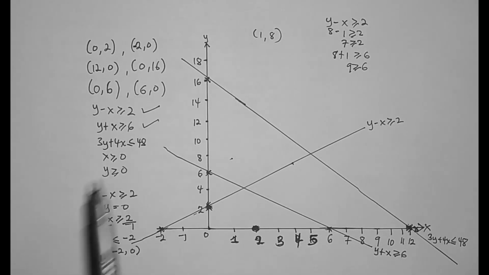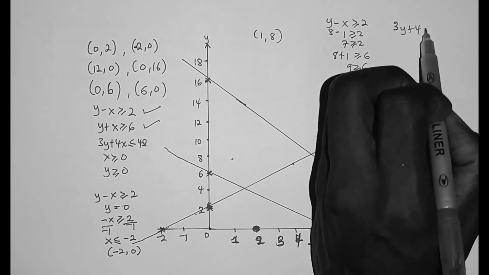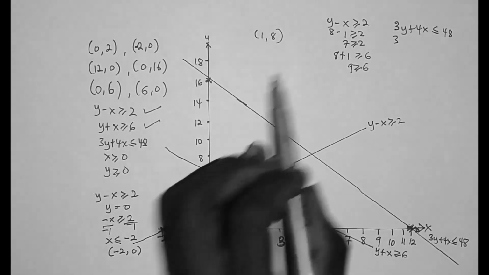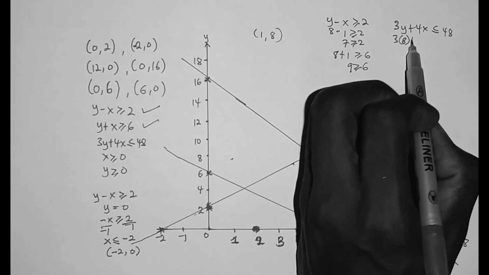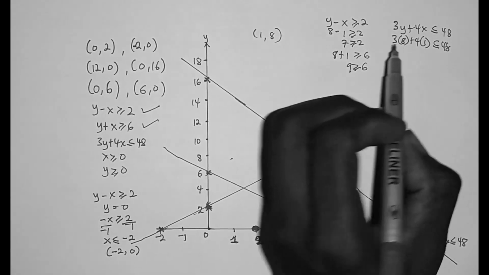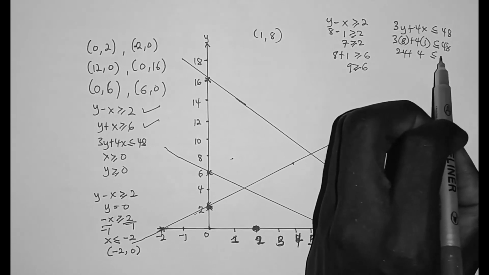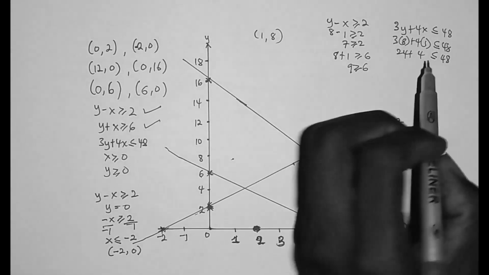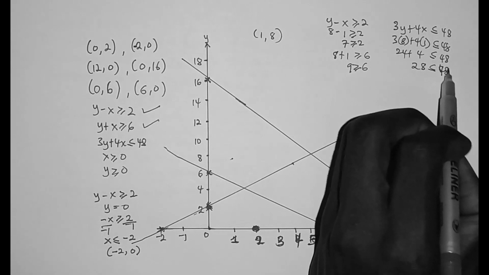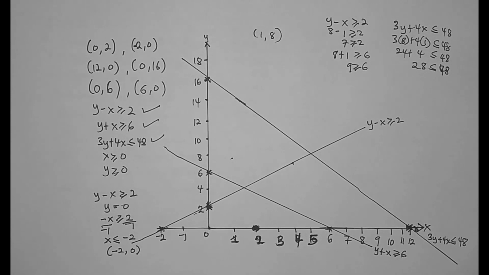And we have 3y plus 4x is less than or equal to 48. 3 times y, which is 8, plus 4 times x, which is 1. 3 times 8 is 24, plus 4 times 1 is 4. 24 plus 4 gives you 28, and truly 28 is less than or equal to 48. So that point also satisfies that constraint.